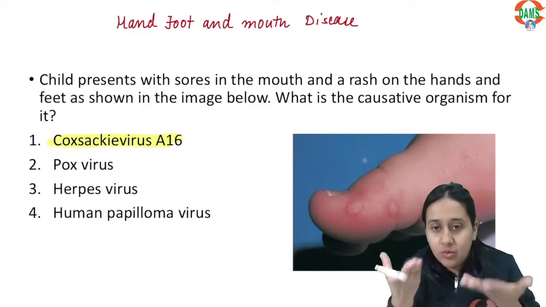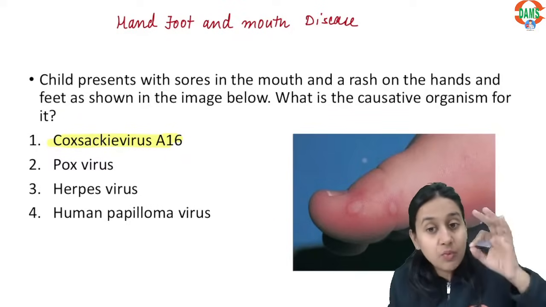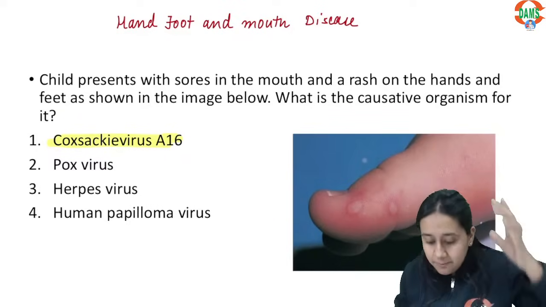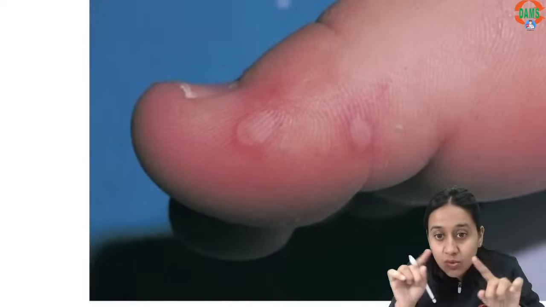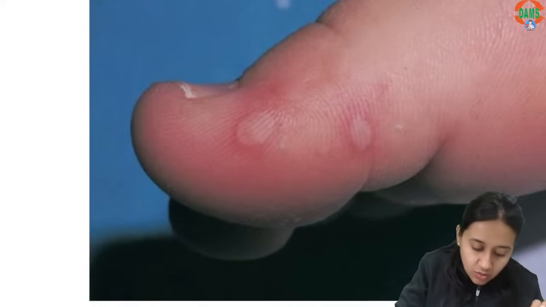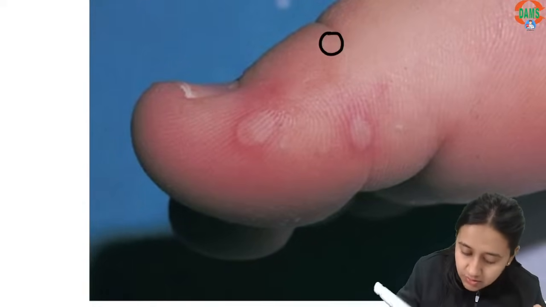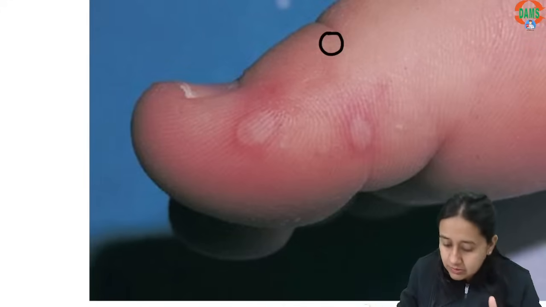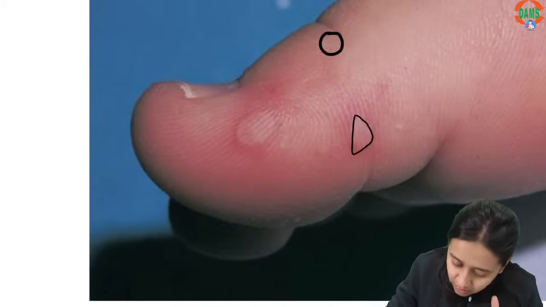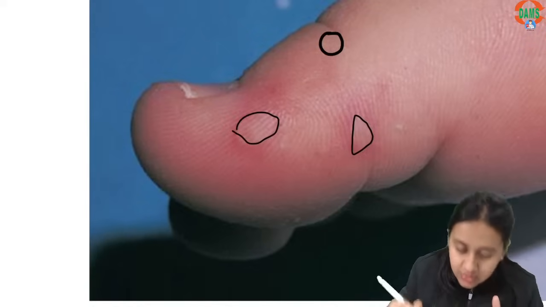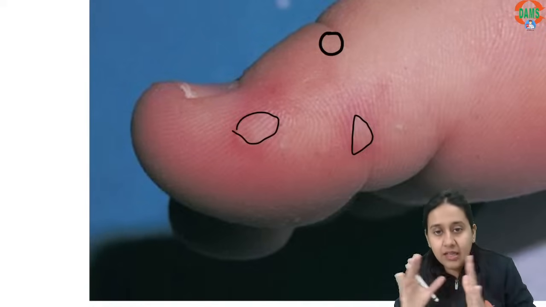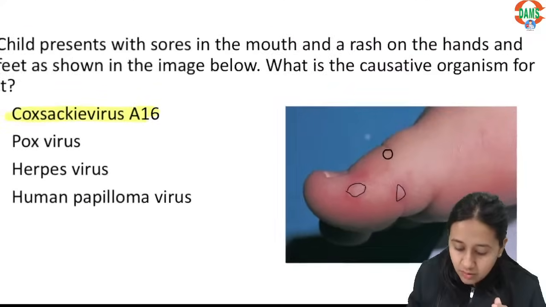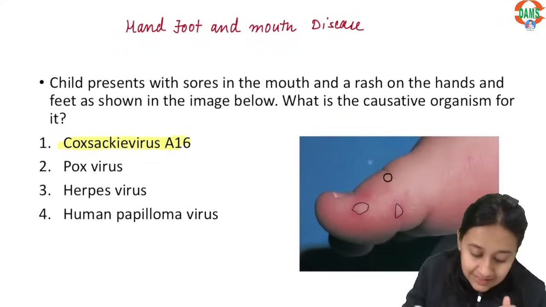I think everybody knows this because it is given in the name. But what lesions? In these patients, you develop angular vesicles. Normally the vesicles are round, but in patients of hand foot mouth disease, can you see these are angular vesicles? They are not round, they are oval shaped, they are angulated. This is very classical of hand foot mouth disease.